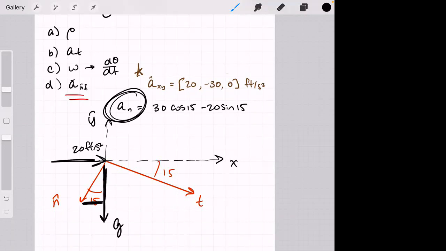So for the 30 cosine 15, 30 is gravity, that's right, because we're really high up. So for that normal direction, we need to shift over the cosine of 30.